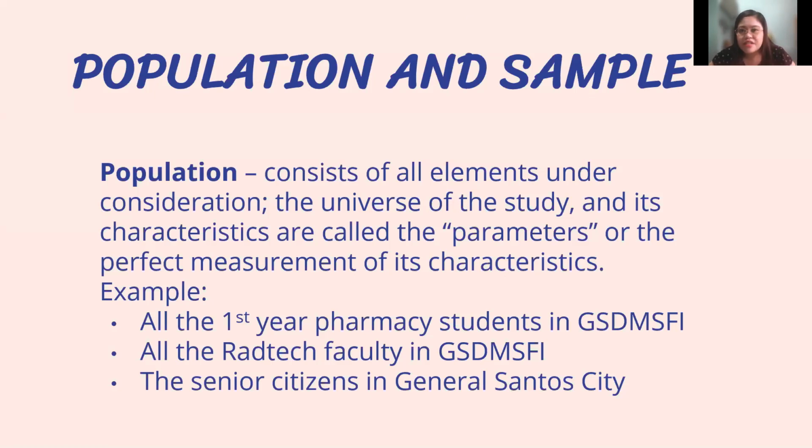Examples of a population: all the first year pharmacy students in GSD-MSFI, or all the RadTech faculty in GSD-MSFI. Even if there are only two of them, it's still called a population. Or the senior citizens in General Santos City. So please look at your study and identify your population.